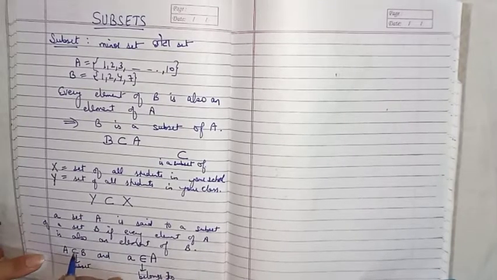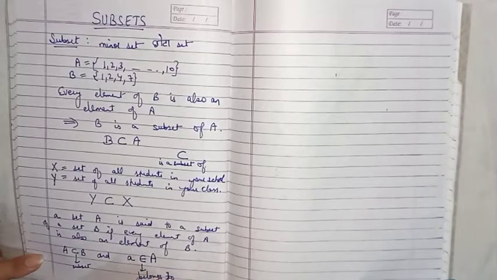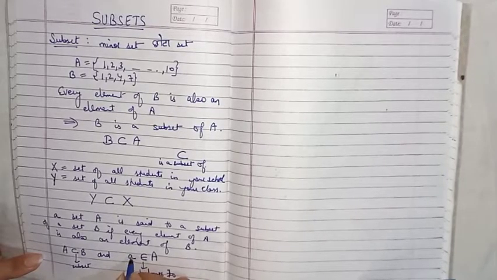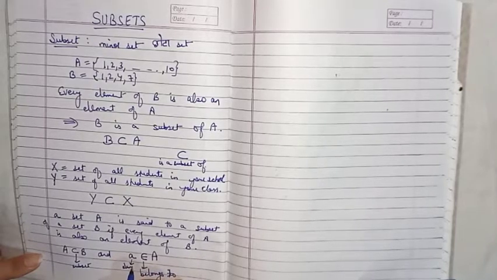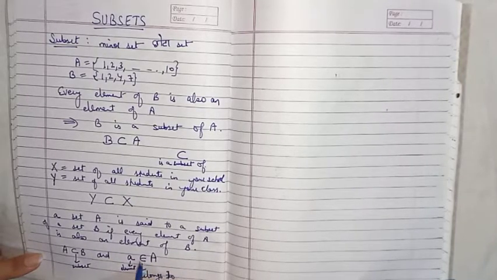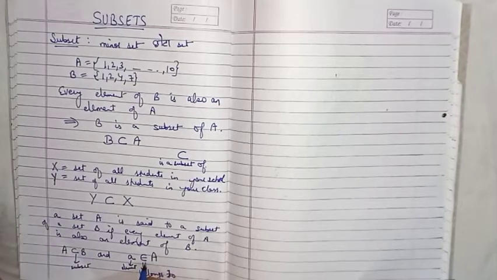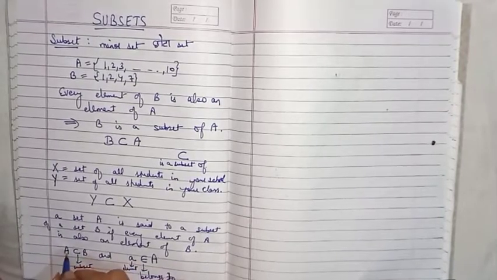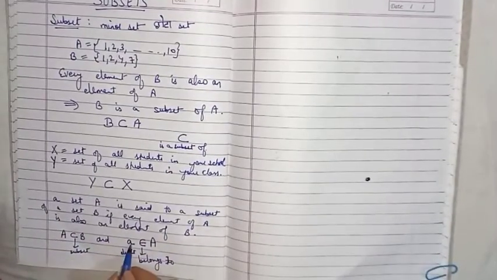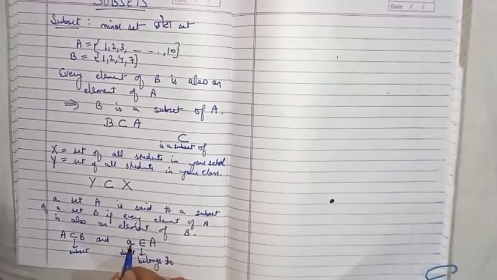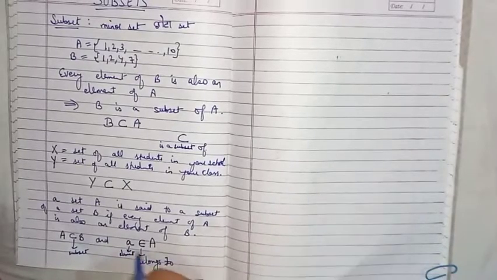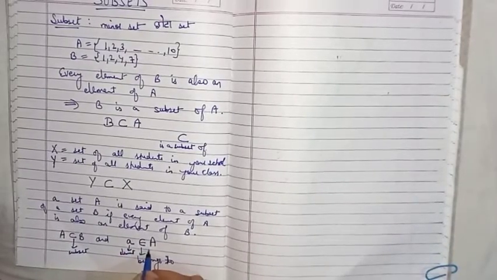Always put the subset symbol when you write any set. And remember that you must place an element before you put belongs to, because belongs to cannot be placed for a set. For a set you must put the subset symbol, and for an element, that element belongs to a set, so you need to put belongs to.